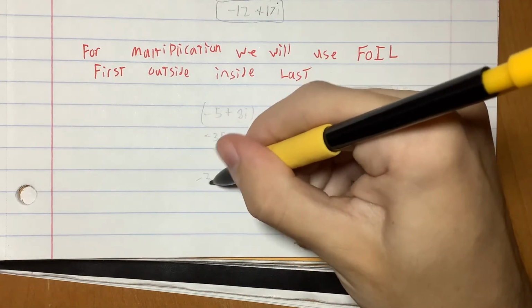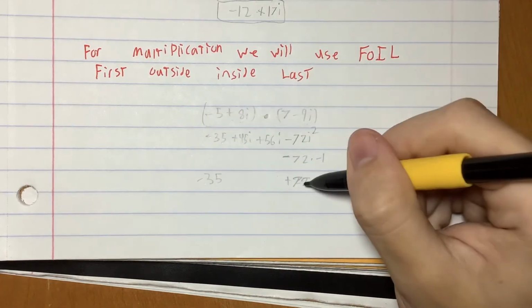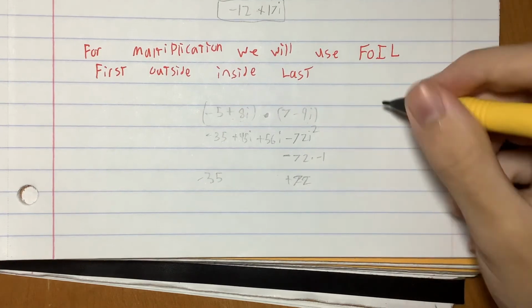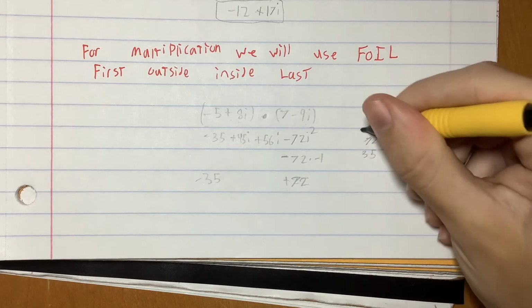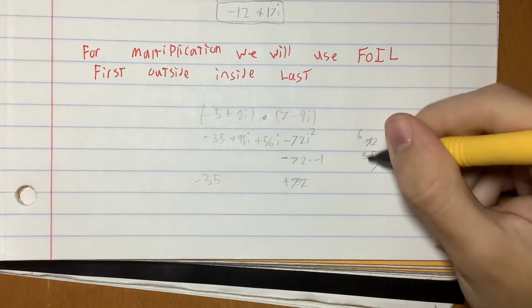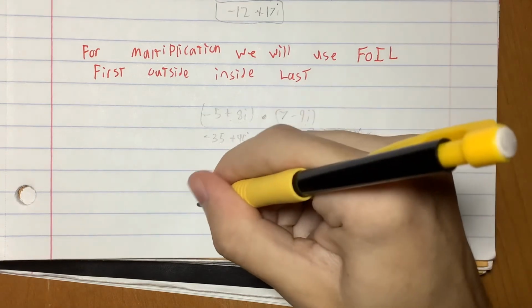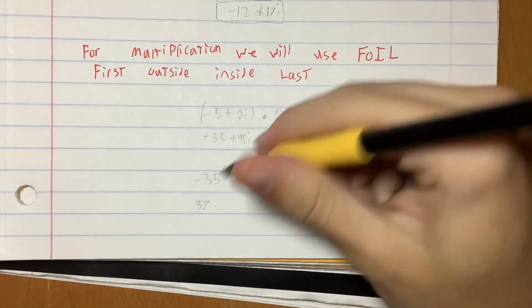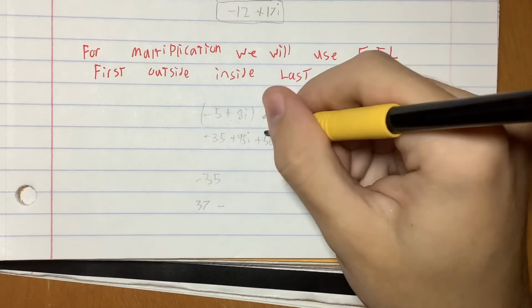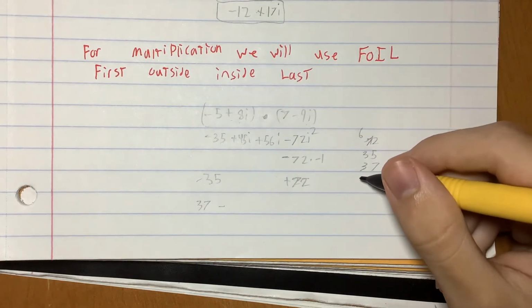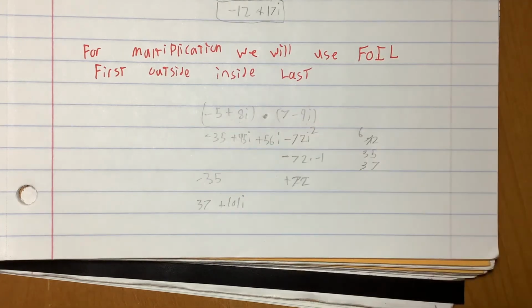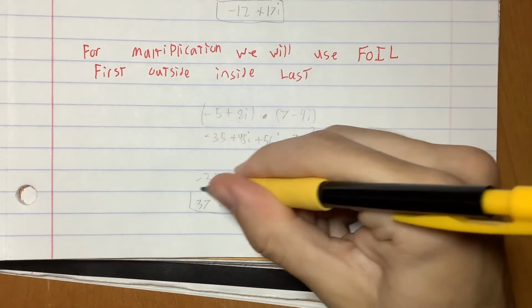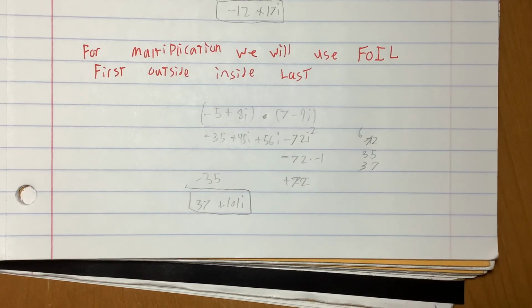So we have the real parts added together, and then we have the imaginary parts added together. So this will be our final answer. All we have to do is use FOIL, and we will get our answer.